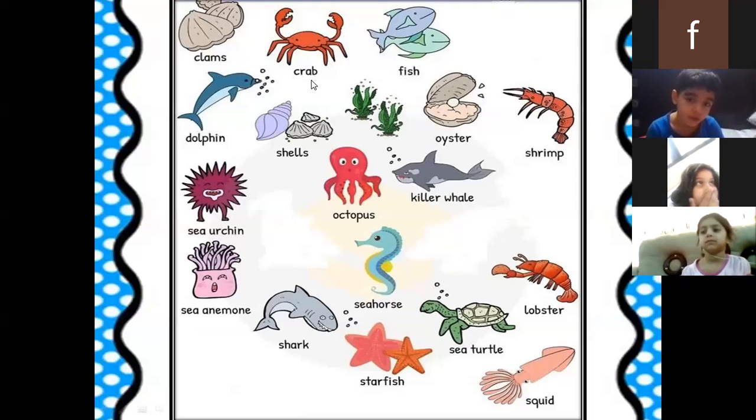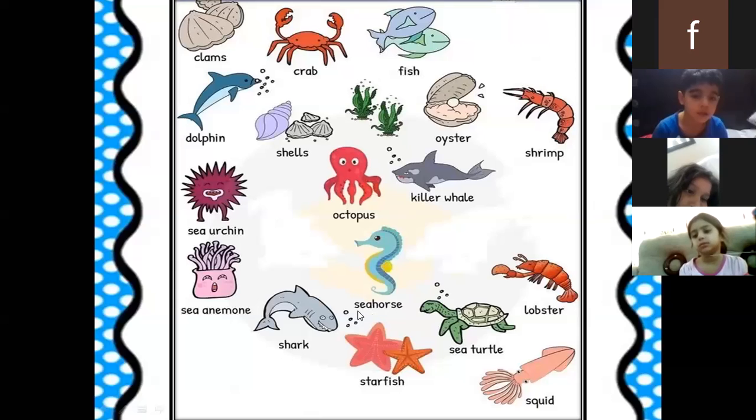Clams, crab, fish, dolphin, shells, oyster, shrimp, killer whale, octopus, sea urchin, sea anemone, shark, seahorse, starfish, sea turtle, lobster, squid, and there are many other animals that live in water.